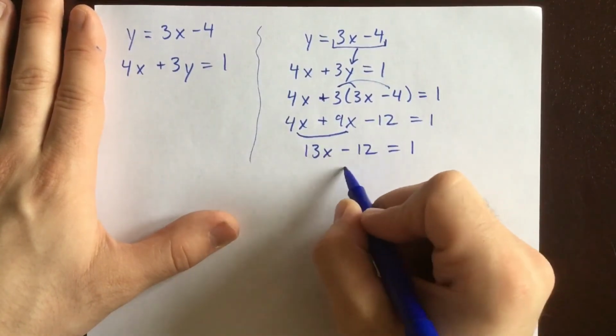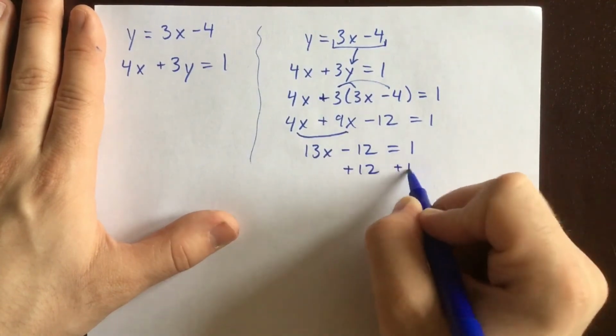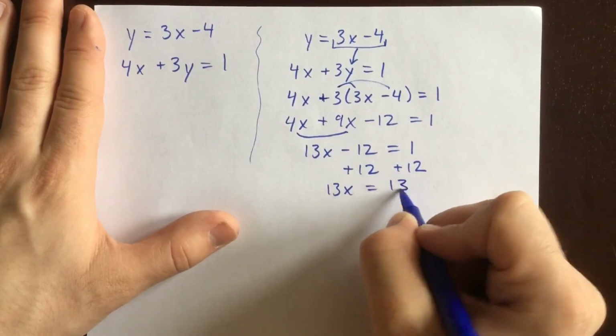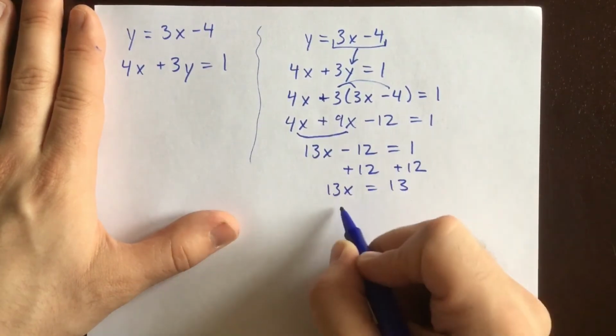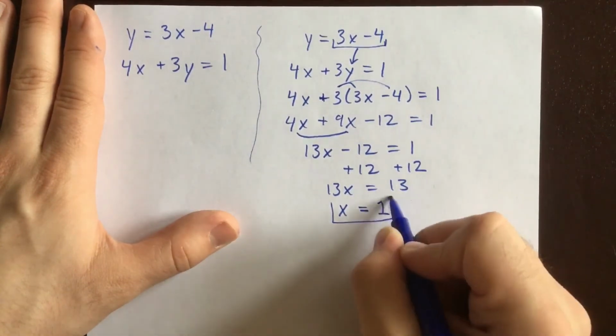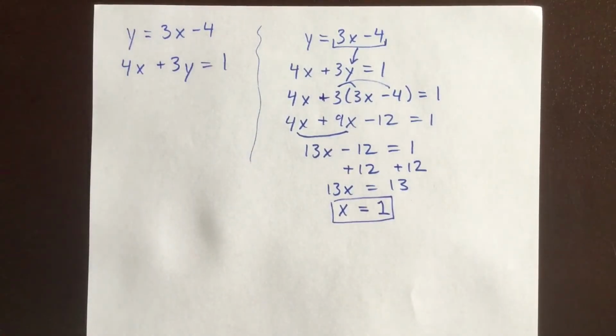Dealing with our addition and subtraction, that gives us 13x equals 13. So we divide by 13, we get x to be 1. So that's x.